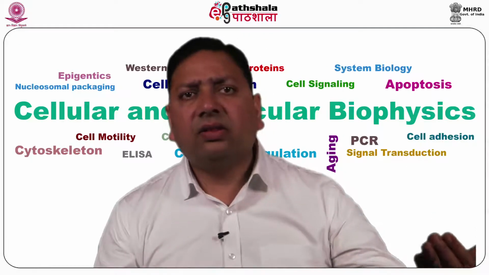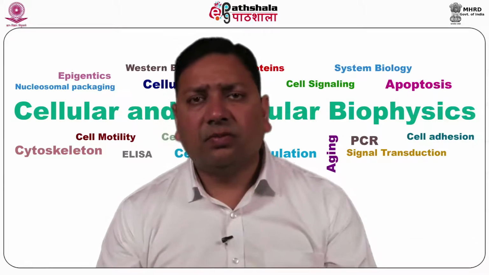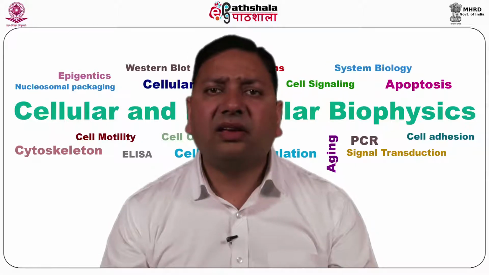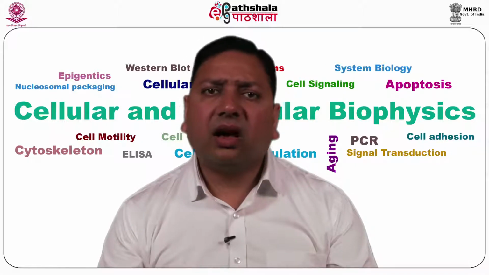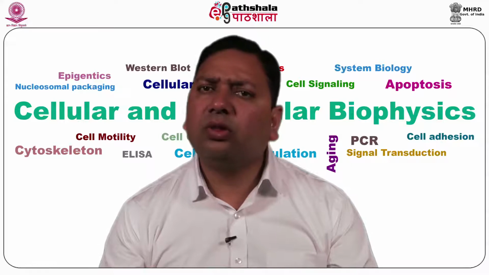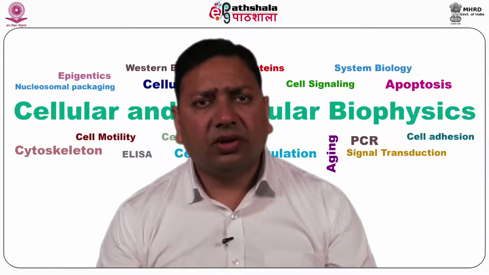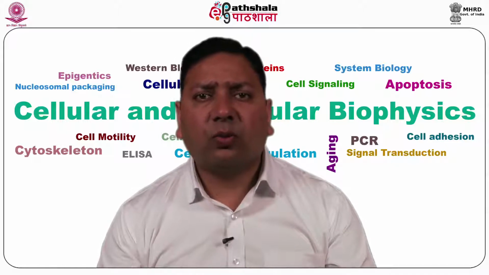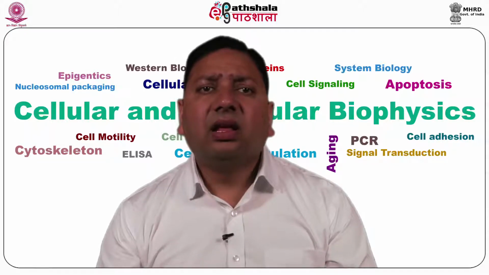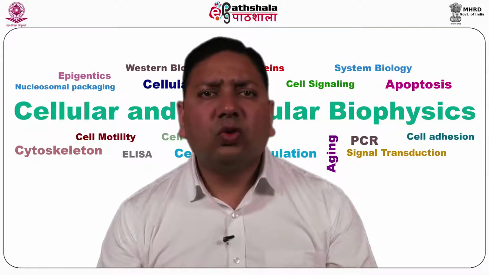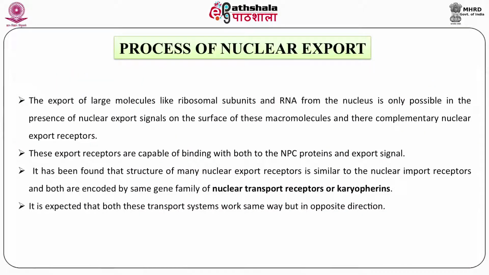The other thing is nuclear export receptors. The export of large molecules like ribosomal subunits and RNA from the nucleus is only possible in the presence of nuclear export signals, which are present on the surface of these macromolecules, and their complementary nuclear export receptors. These export receptors are capable of binding both to the nuclear pore complex proteins and to export signals.